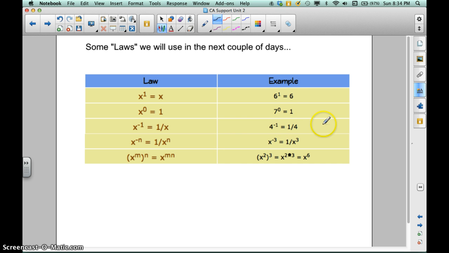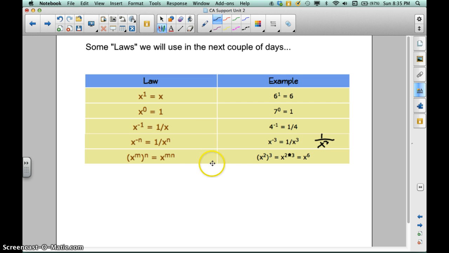And so the way that we handle that is by saying anything to a negative power, for instance, x to the power of negative 3 is equal to 1 over x to the positive 3. And so it's for us to get rid of the negative exponent. You just take 1 and you put the thing you started with in the denominator with a positive exponent.